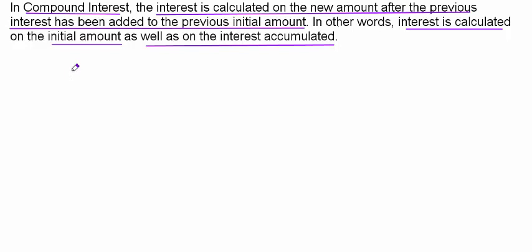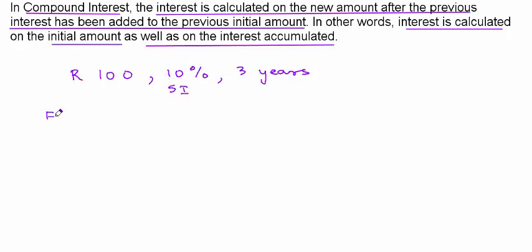Let's say you invest 100 Rand at 10% annual interest for a period of 3 years. And let's say this is a simple interest rate. So this is simple interest.